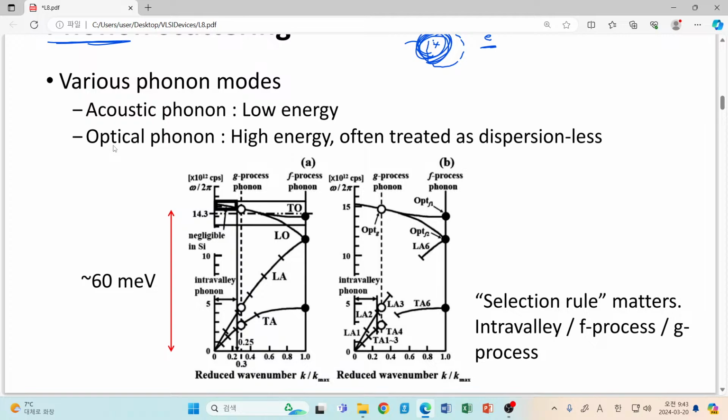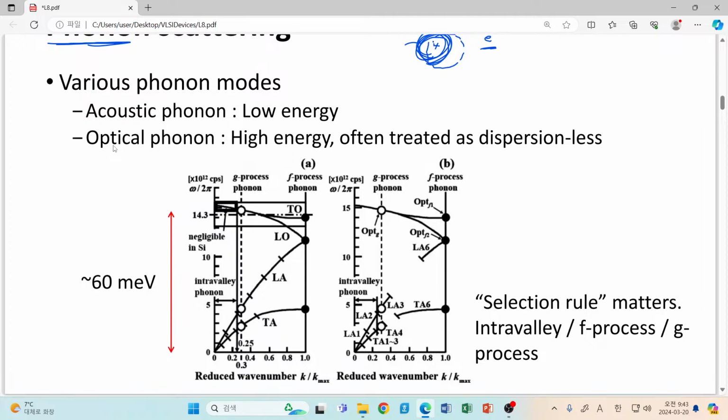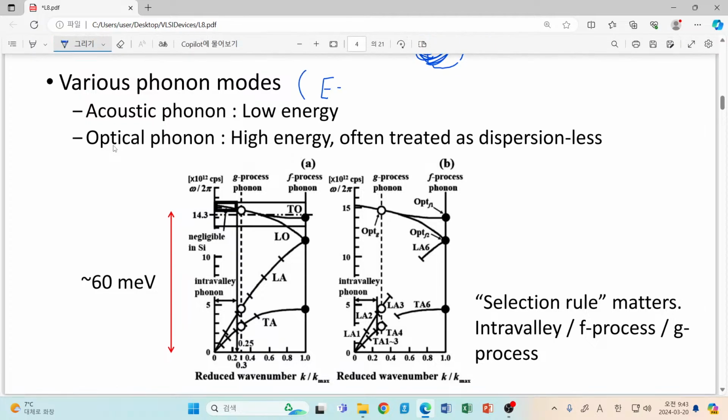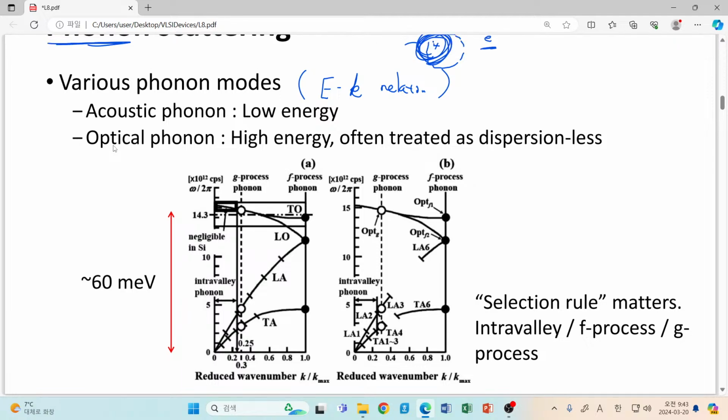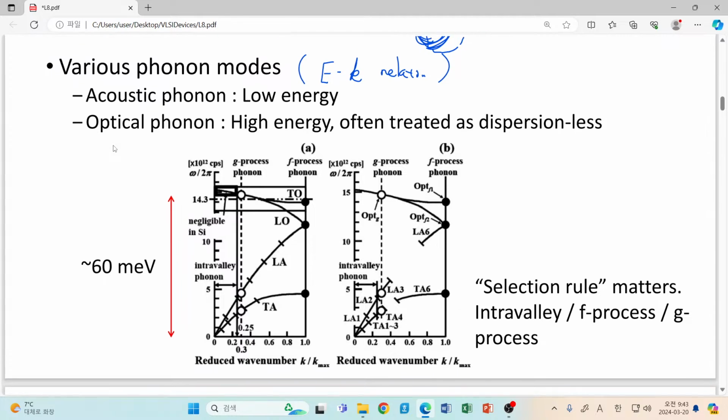And phonon also has its own E-K relation. You know that we have already considered the E-K relation of our electrons, but phonon can also be considered as a quasi-particle in this case.